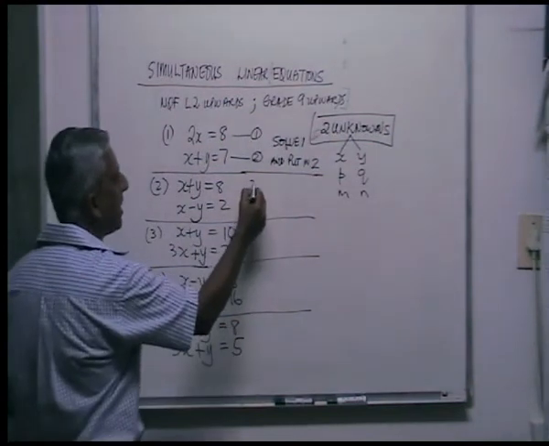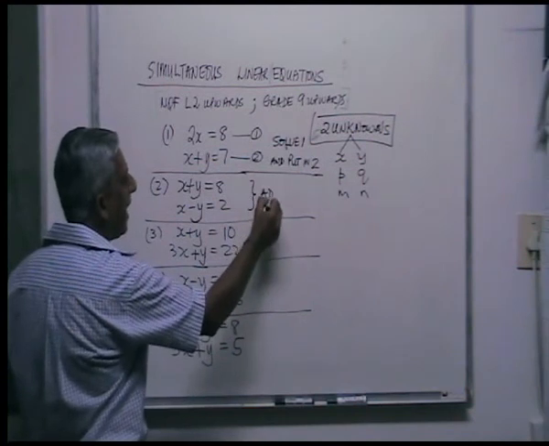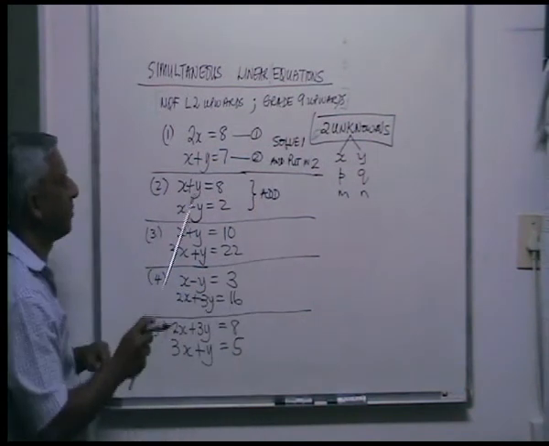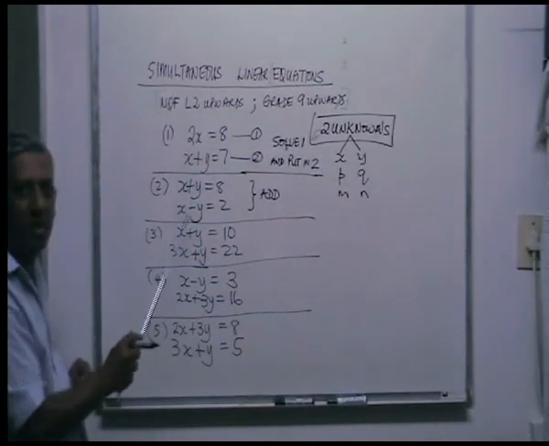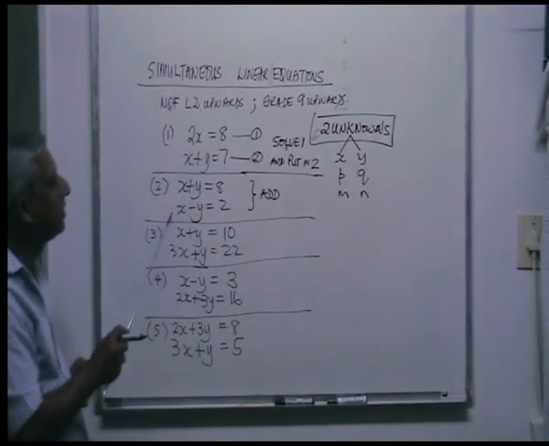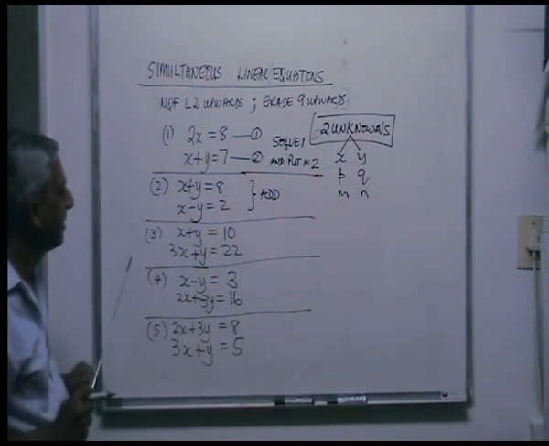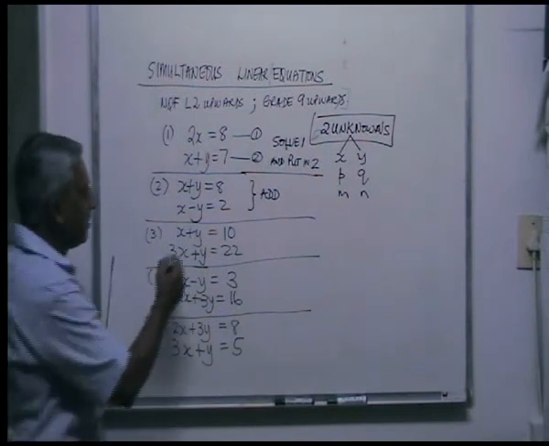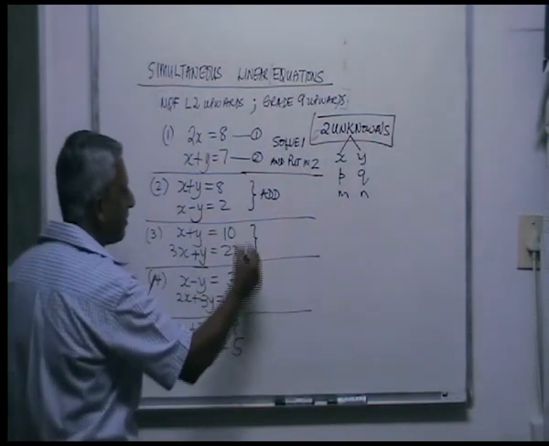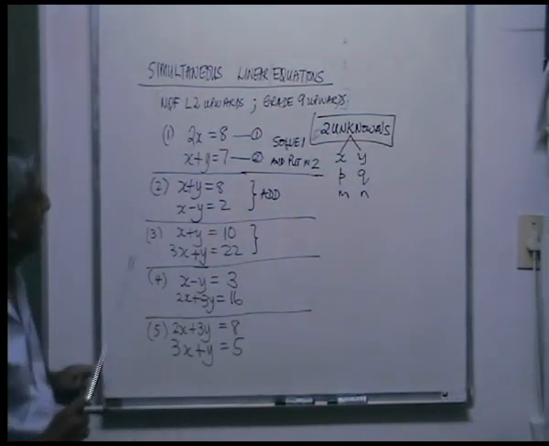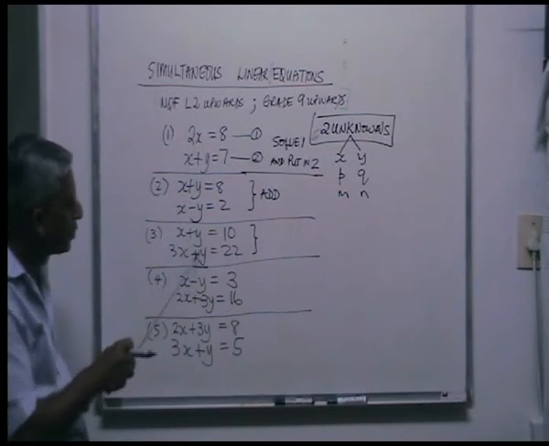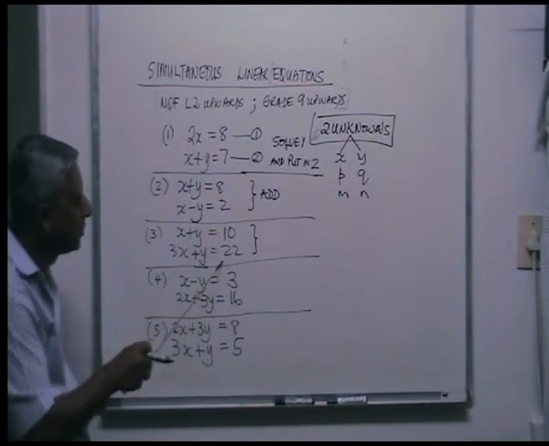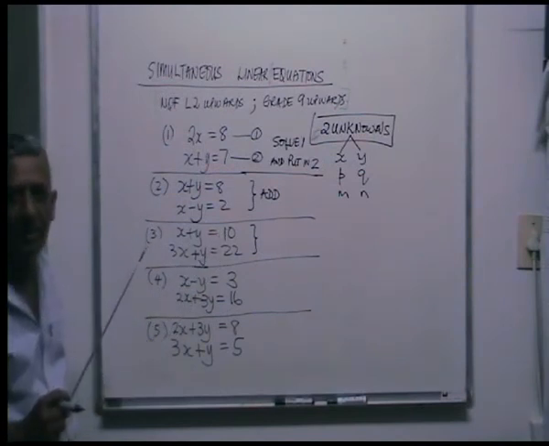In this example, we say, look, if you add these two equations up, the y will disappear and you'll be left with x's only. Right? Now if you look at this equation, don't try to remember it, I'm just explaining. If I add, I'll get 4x plus 2y is equal to 32. So adding is not solving my problem here.